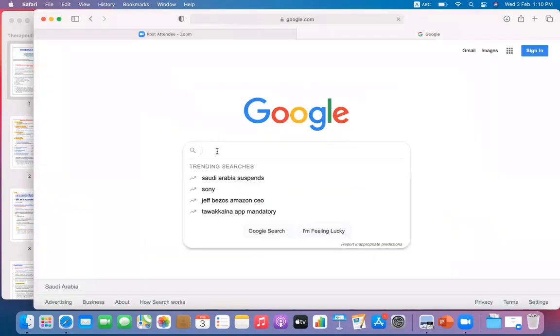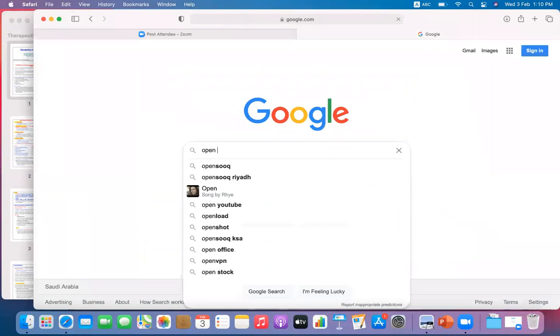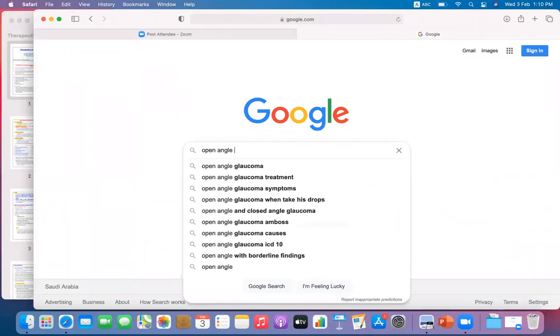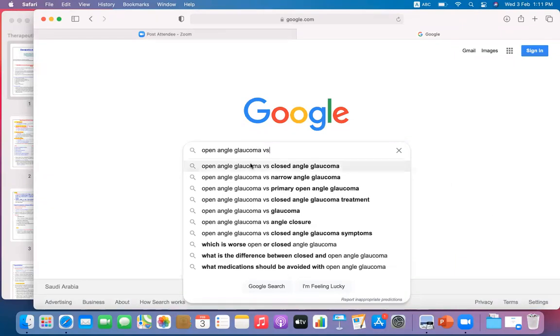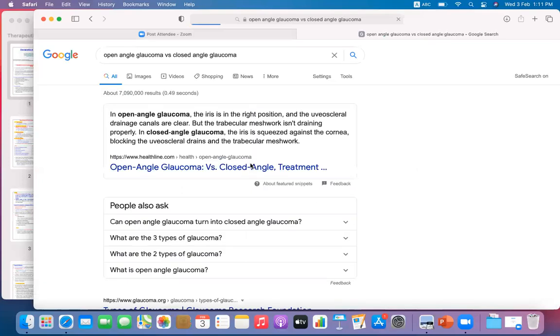First, open angle glaucoma versus closed, or we can say narrow angle glaucoma.